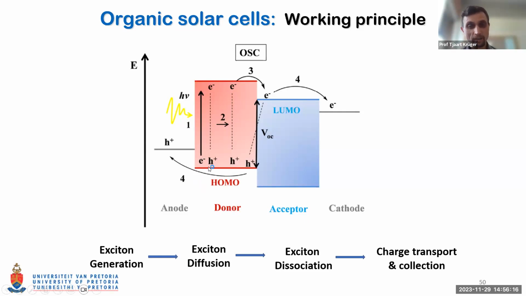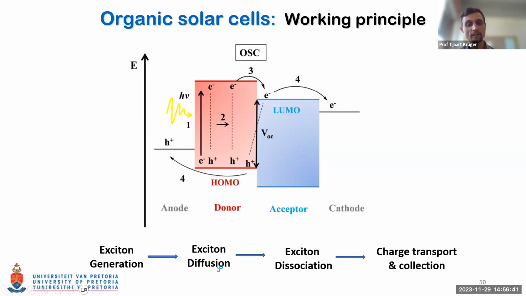The first process is exciton generation by absorbing a solar photon. Okay, and then in the case of a molecular exciton, the electron and hole pair is on the same molecule, so it moves together from molecule to molecule. It only separates at an interface between a donor and an acceptor.